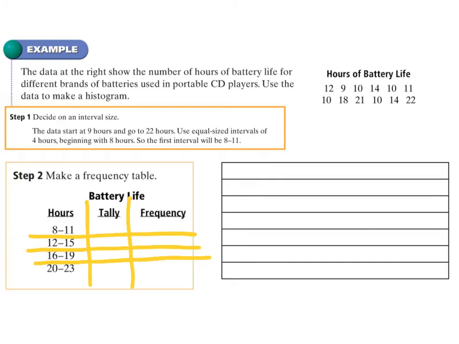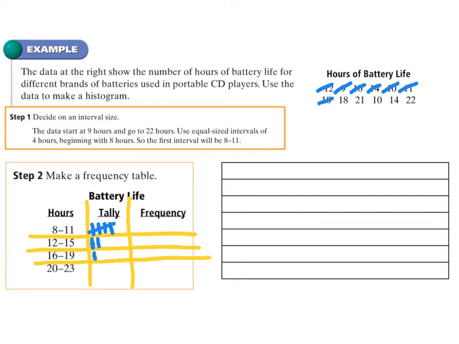So I have a 12, which gives me a tally in the 12 row. I'm going to cross that off. Then I have a 9, goes in the 8 to 11 row. Then I have a 10, goes in the 8 to 11 row. A 14 goes in the 12 to 15 row. A 10 goes in the 8 to 11 row. An 11 goes in the 8 to 11 row. A 10, which goes in the 8 to 11 row.